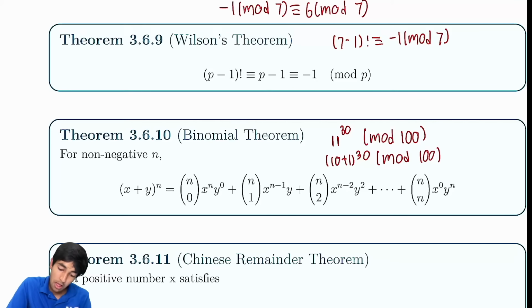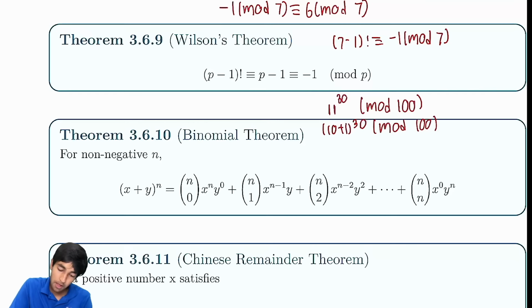Why is this useful? Because take a look at this. When we expand this using binomial theorem, every term except the last two are going to be multiples of 100. Right?